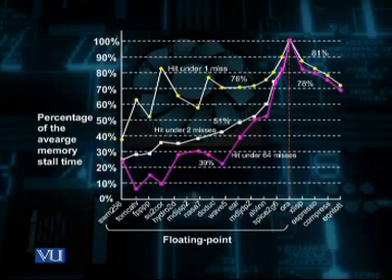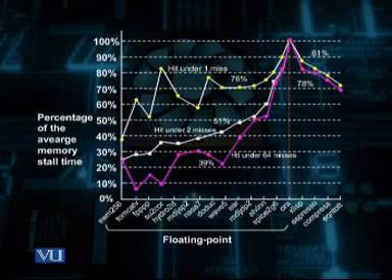Here, note that average memory stalls for floating point programs are relatively smaller, ranging from 39% to 76%, as compared to the integer programs, which range from 78% to 81%.